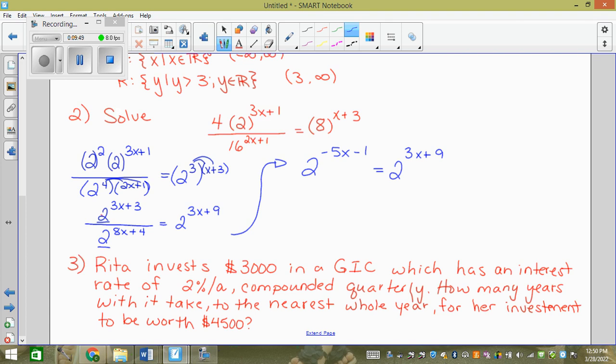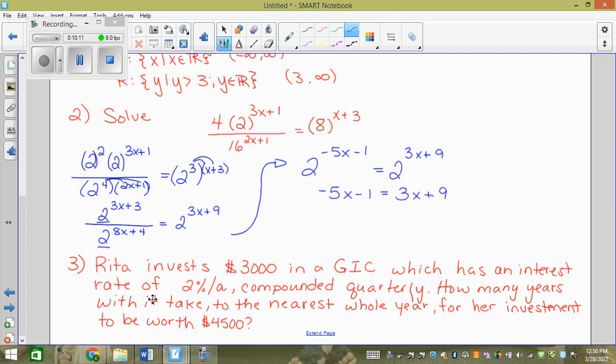Now I have one base to an exponent, one base to an exponent. What can I do? Now set them equal. If it's base 2 to some exponent equals base 2 to some exponent, then the exponents are equal. So we're going to get negative 5x minus 1 equals 3x plus 9.